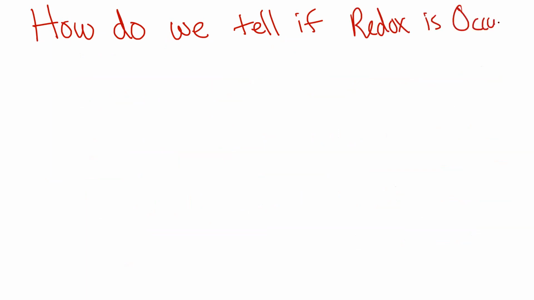Now, how do we tell if redox is occurring? And yes, I didn't explicitly spell it out, but you can see where the name comes from: reduction and oxidation. They got very clever. They went, let's take the two types of reactions and make a new word out of them. Smart. So how do we tell if redox is occurring?